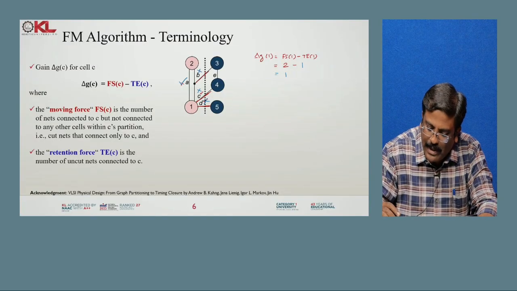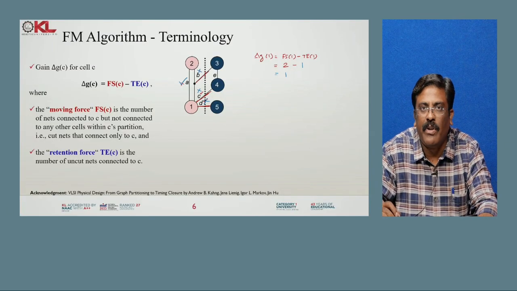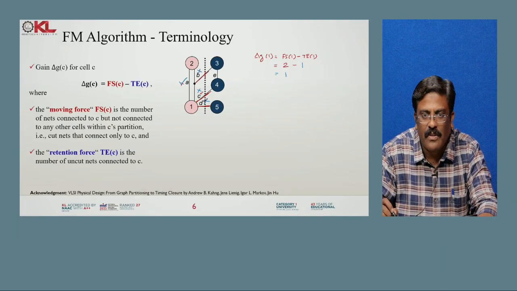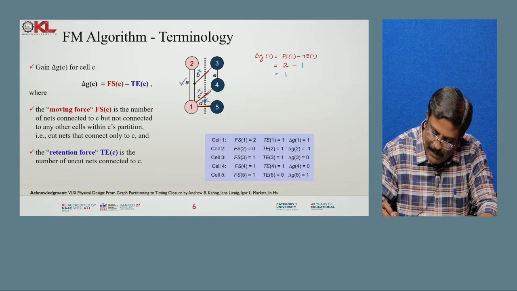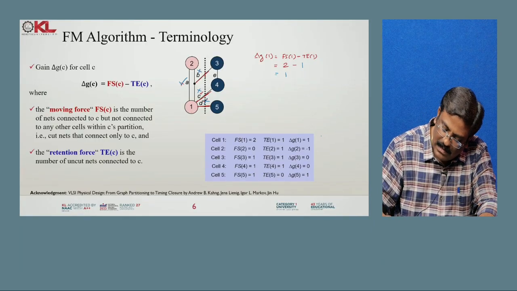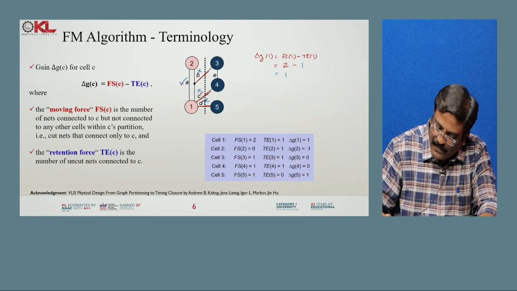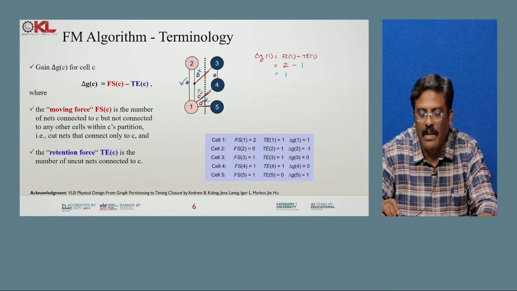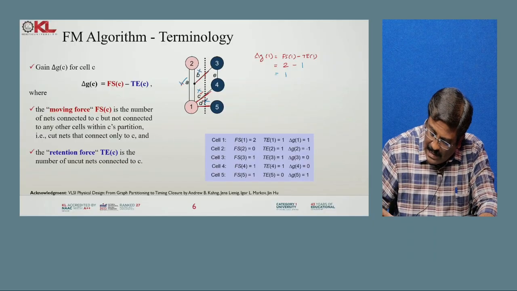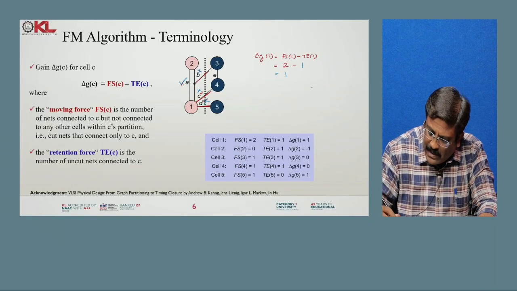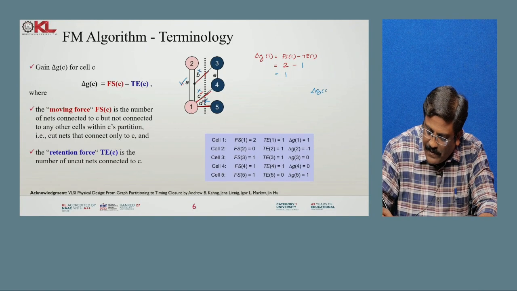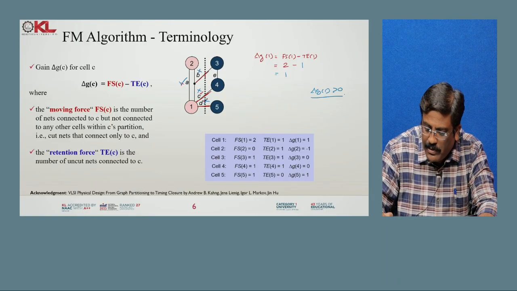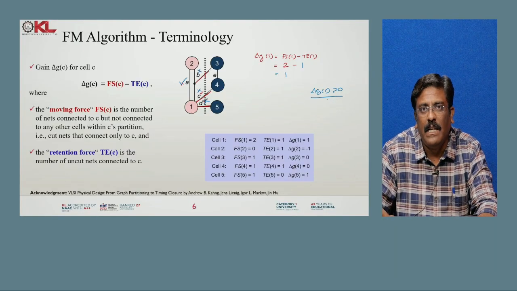So now I hope you understand how to calculate the del G value of every cell present on a graph. Likewise we estimate the gain value for all the cells present on the hypergraph. After that, according to the formula, del G of C value must be greater than 0 to check eligibility.